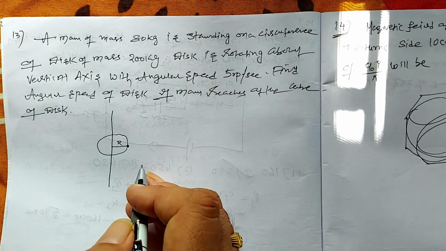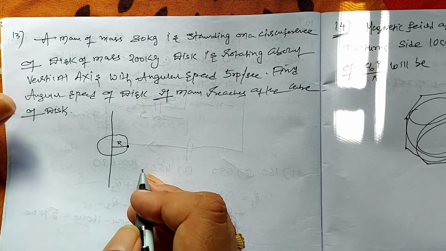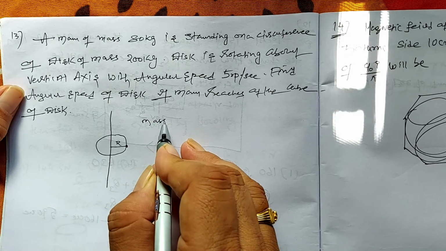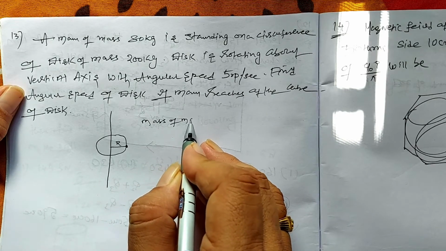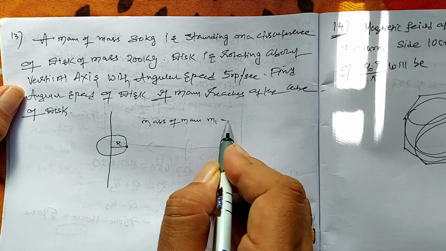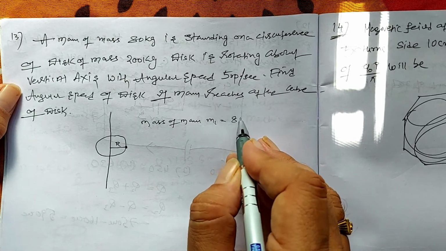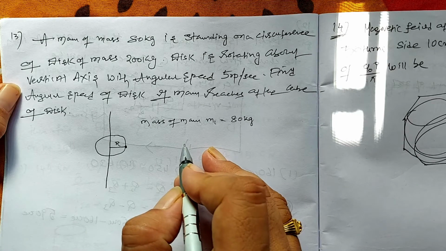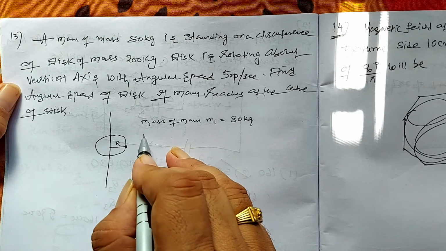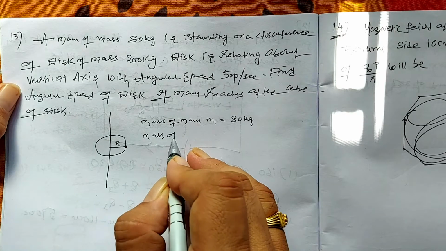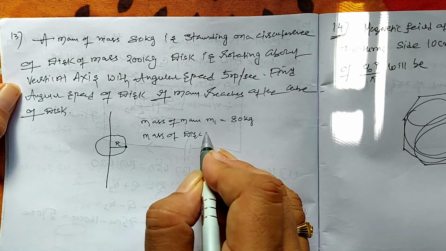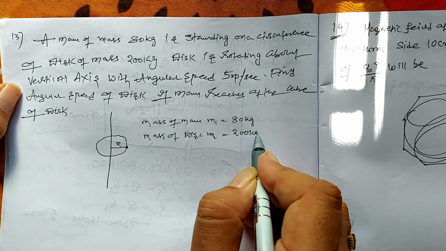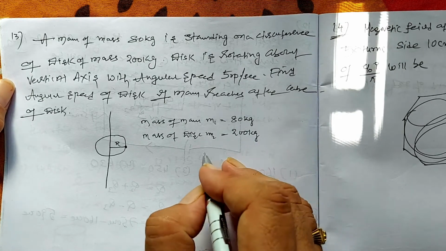Here, mass of man m1 is equal to 80 kg. Mass of disc m2 is equal to 200 kg.